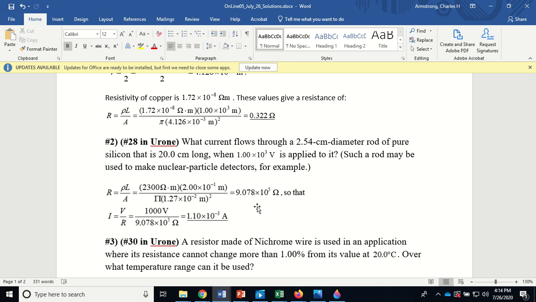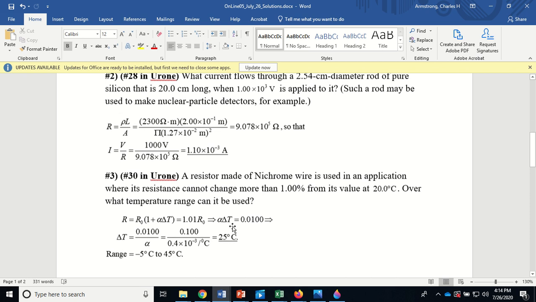So silicon has a big resistance because of its resistivity. It's an insulator, not a conductor. Then I equals V over R equals our 1,000 volts divided by the resistance we found right here. So you'd have 1.10 times 10 to the minus third amps, or 1.10 milliamps running through there.